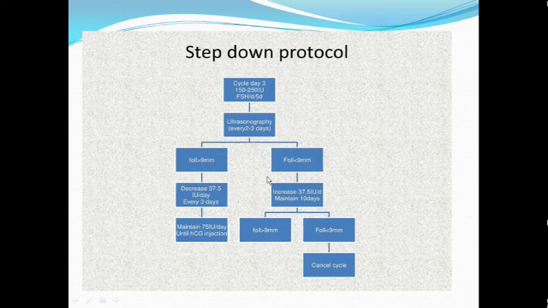If size becomes more than 9 mm, then decrease the dose by 37.5 international unit every 3 days, and then maintain 75 international unit a day until it becomes the size of 18 mm or till the ovulation. If it's still less than 9 mm, then you can increase the dose. More than 9, then follow this. If less than 9, then cancel cycle. So this is the step down protocol.